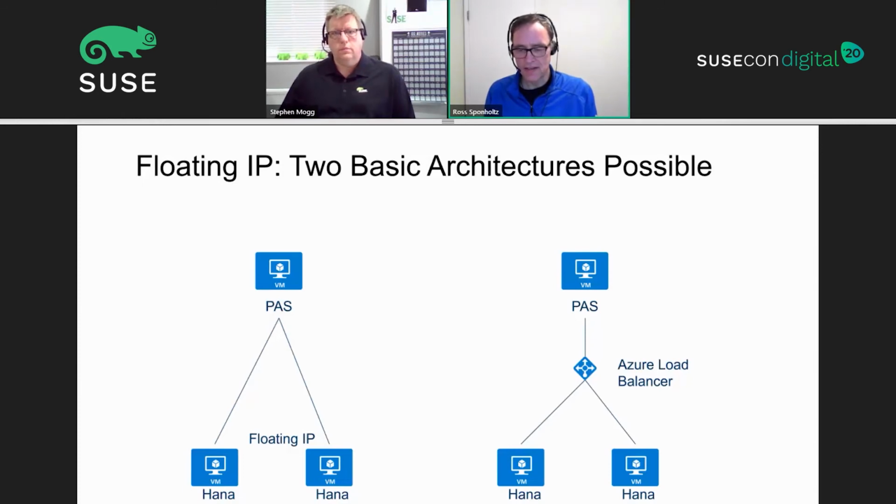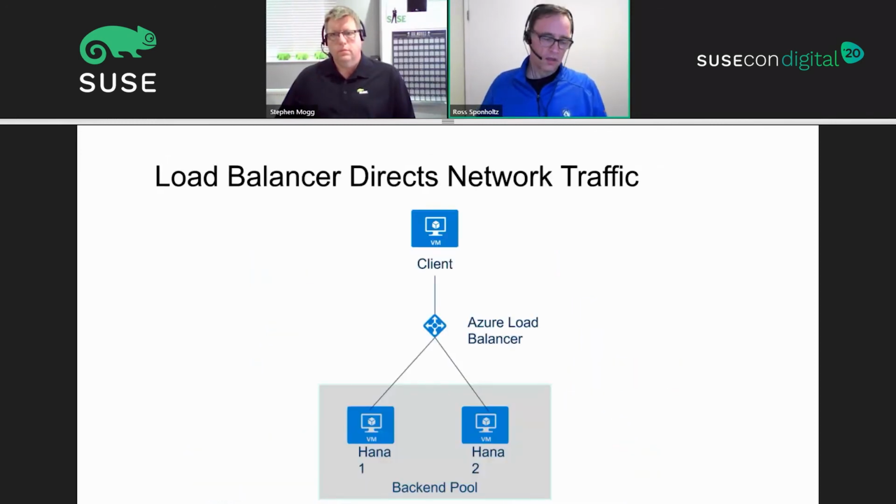So what we have to do is use what's called the Azure Load Balancer to direct the traffic between the two machines. And I'm going to go into a little detail on how exactly that works. So fundamentally, the Azure Load Balancer directs traffic between the two nodes.